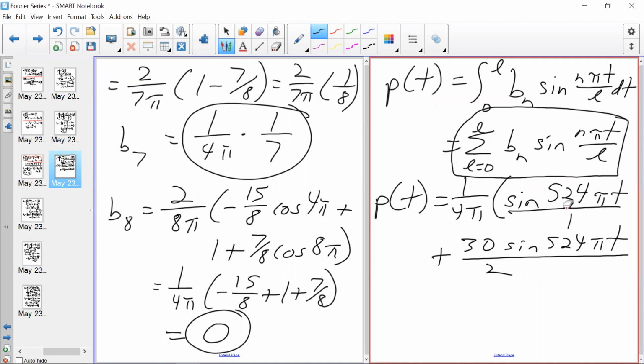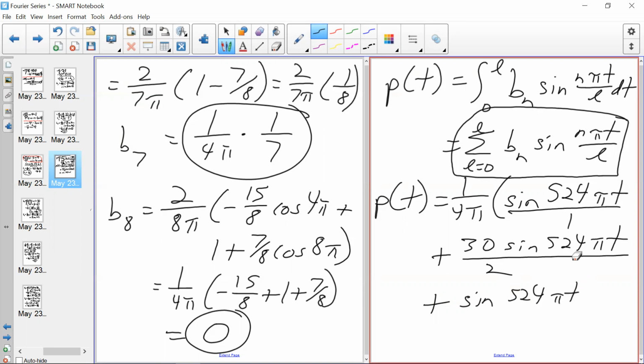So something over 1, something over 2, something over 3, all the way up to 8. And we know that 4 and 8 don't work because they're 0. So the next term is going to be the third term in the series. And so we just write sine 524 pi times t.